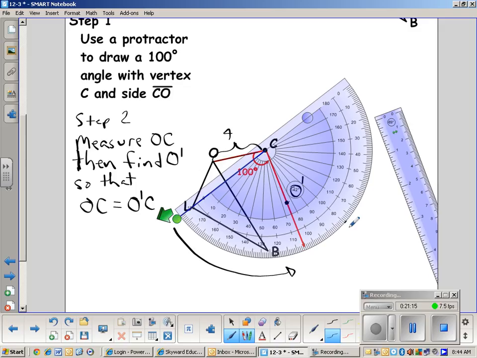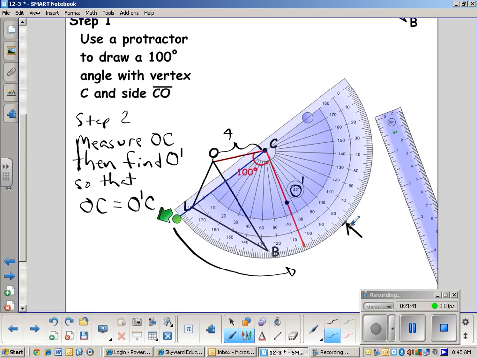It's going to be this edge of my little mark. I drew a mark that's, anytime I get close to the edge of that protractor, it thinks I want to trace the protractor, which is not what I want to do, but it did it again. Anyway, it's right there.